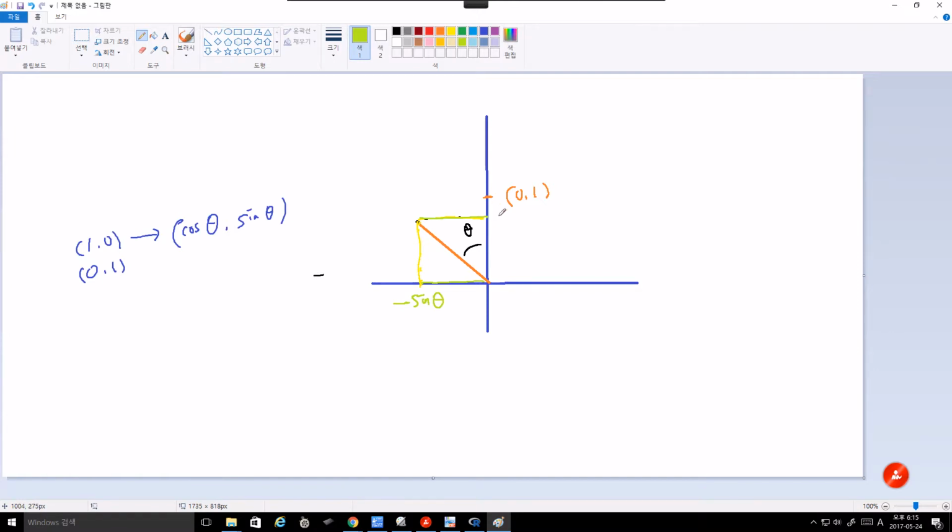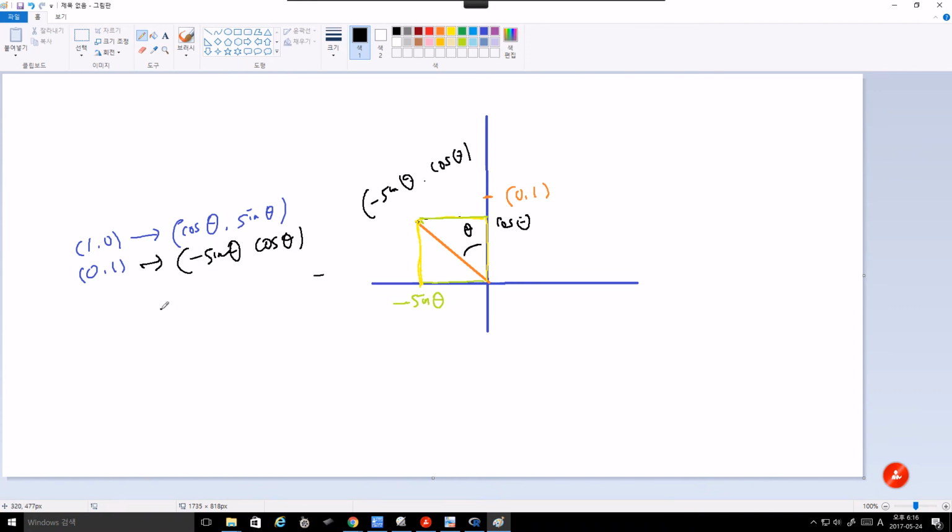How about height? Now we can think about the cosine of this line. This is the same as this one, so this height is basically cosine theta. So the point is (minus sine theta, cosine theta), right?